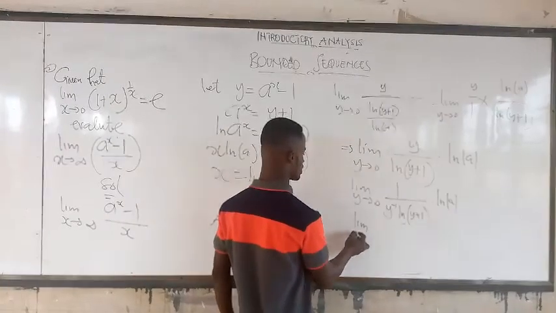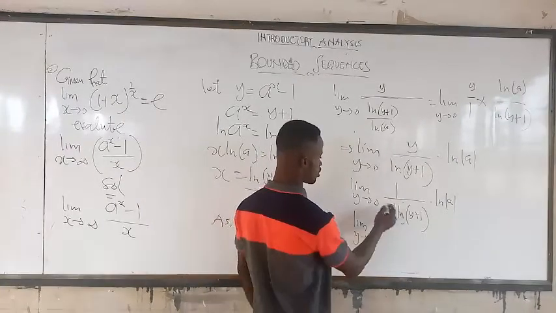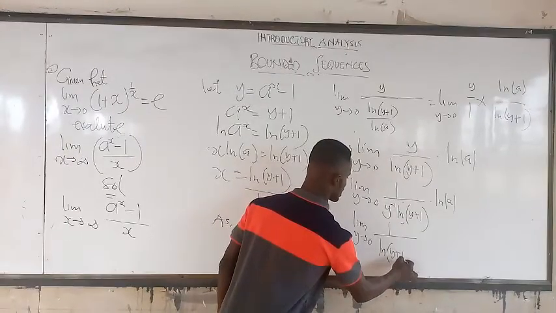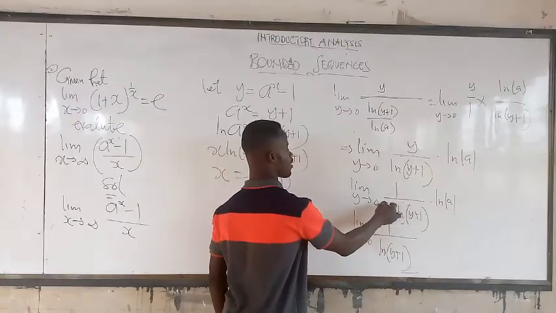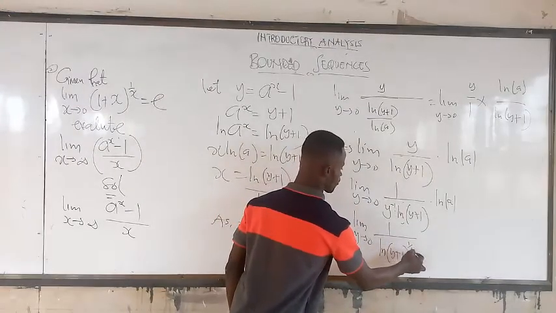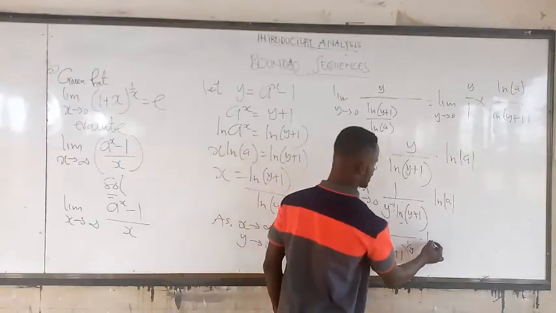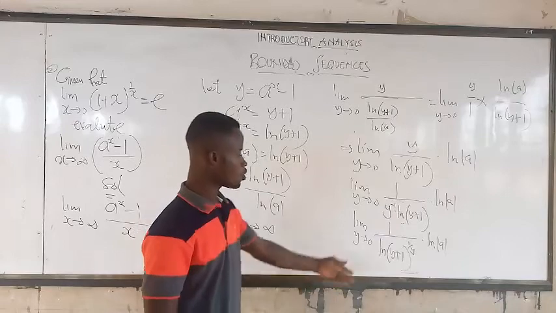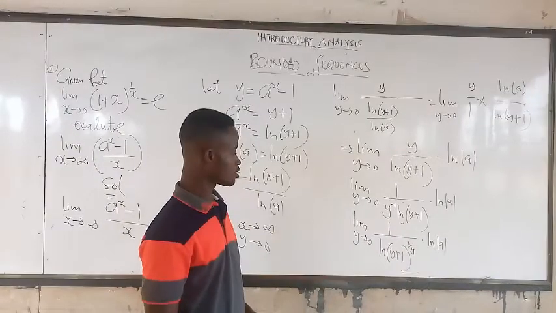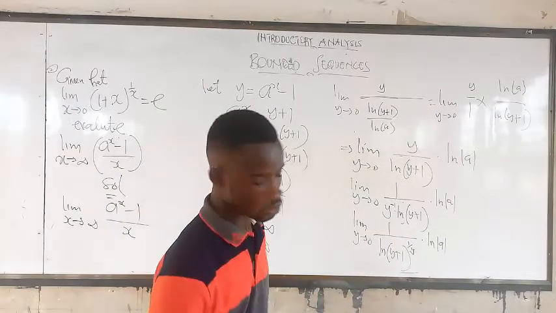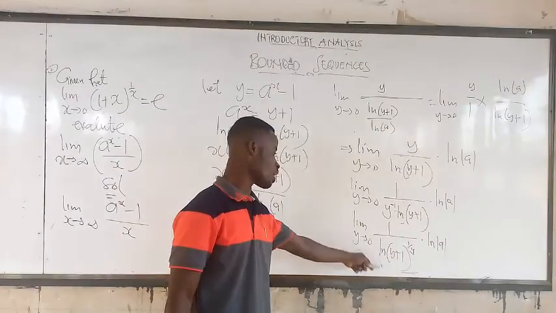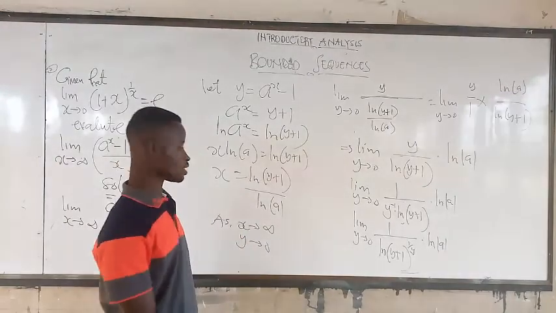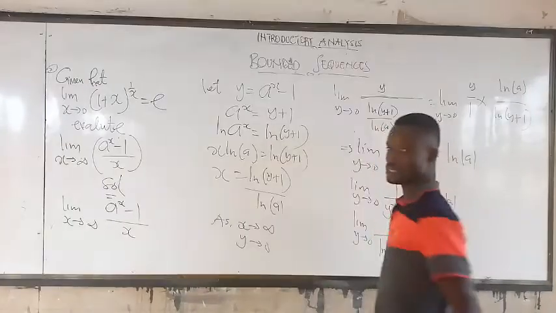That is, y raised to negative 1 is 1 over y, multiplying by ln a. Very good. So having this, then you know what to do. We can allow the limit as y approaches 0 to go inside of this and see what we are going to get. Continue with it.